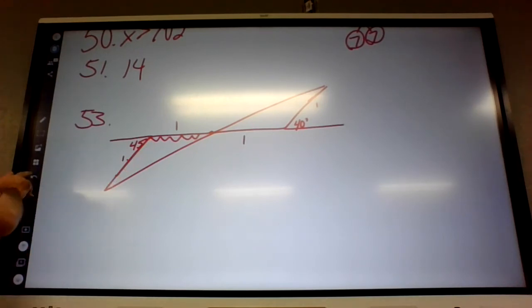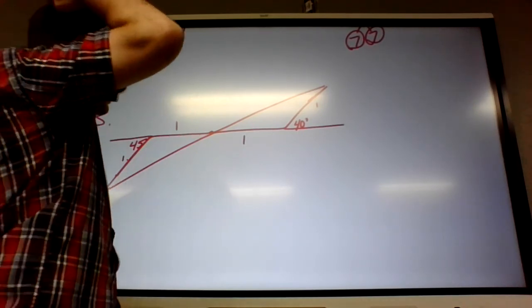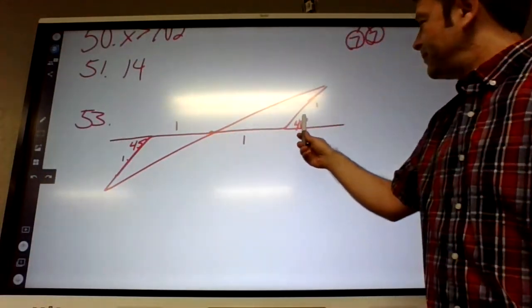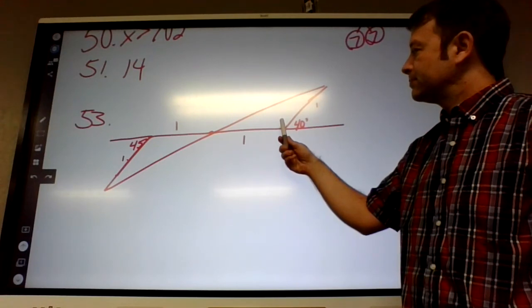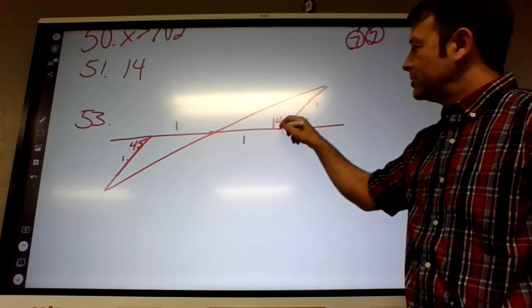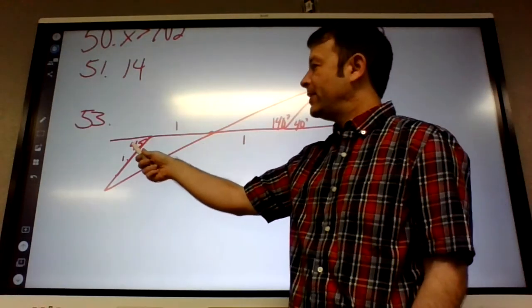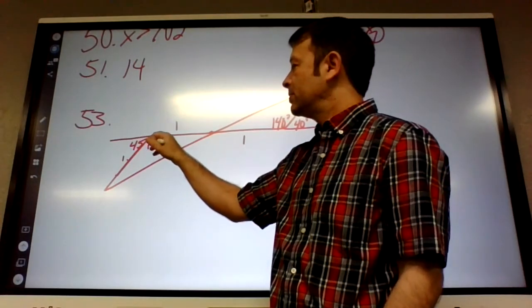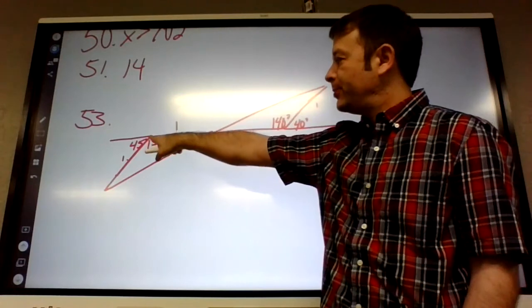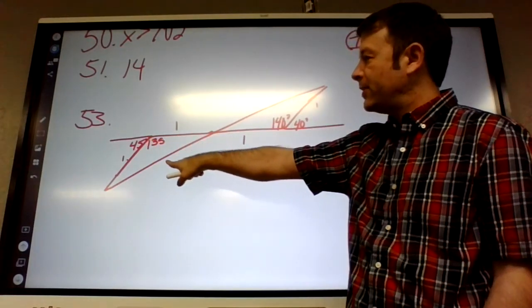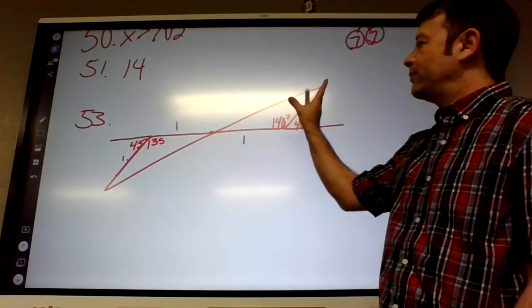Okay, actually, let me erase that. So, if this angle's 40 right here, what would this angle be right here? 140. This is 45, so this one is 135. So we got the two alligators. This alligator opens its mouth 135. This alligator opens its mouth 140.